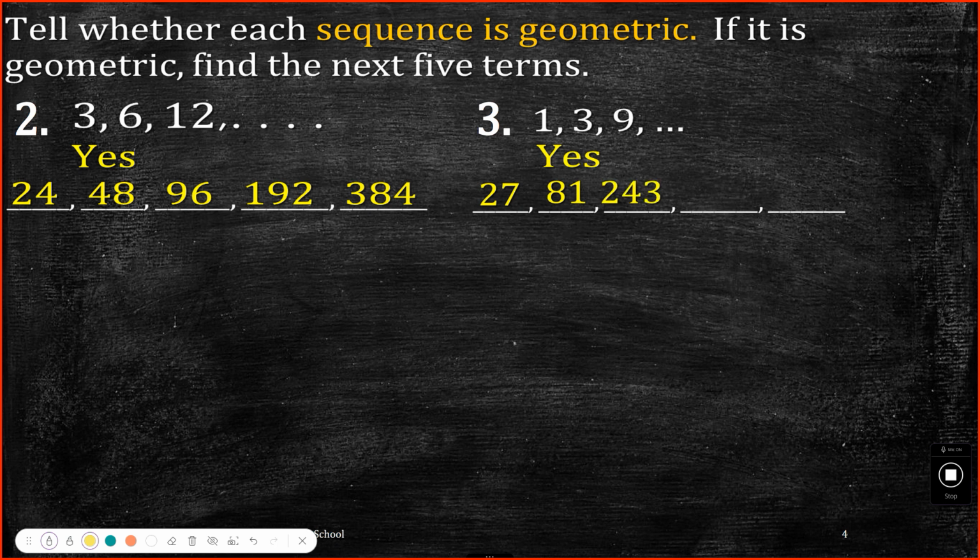Next number. 729. Next number. 2,187. Yes. 6,000. 18,000. So you see how it's going to get bigger after that. Really big. Moving on.